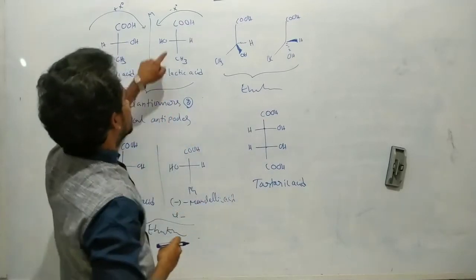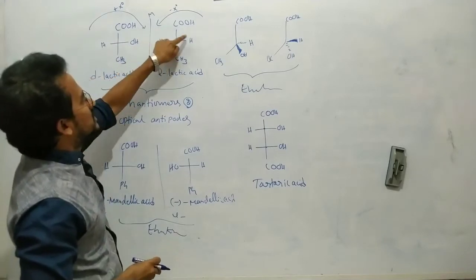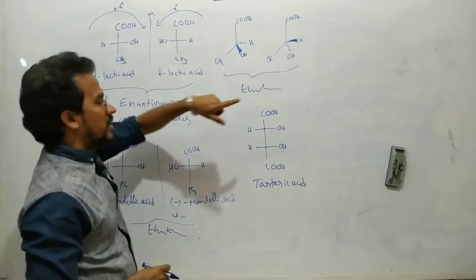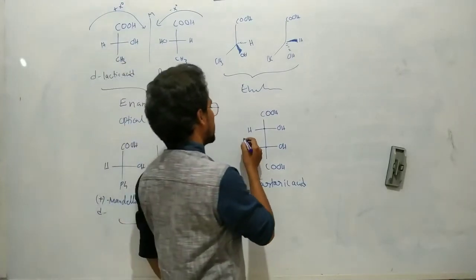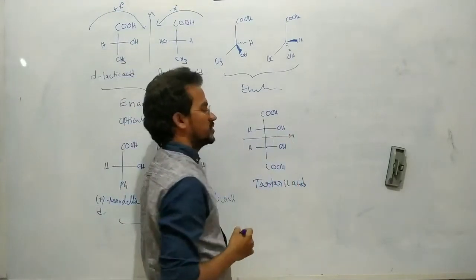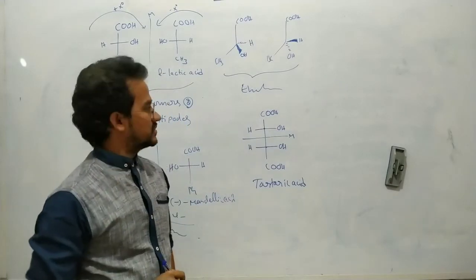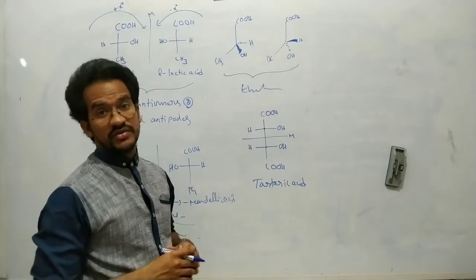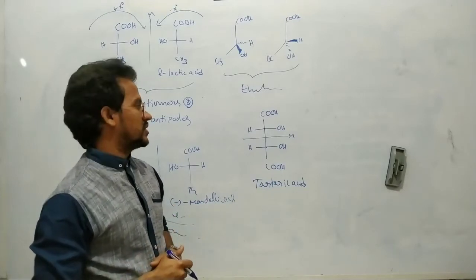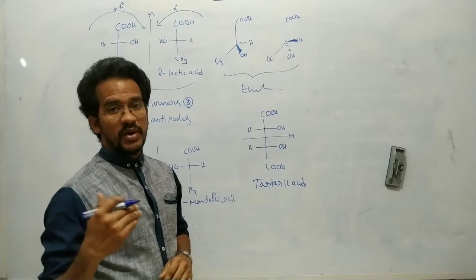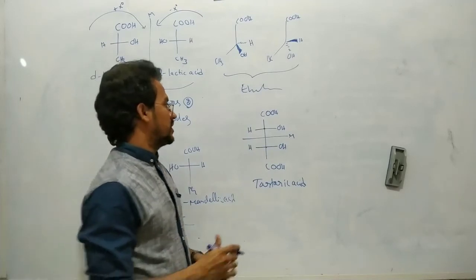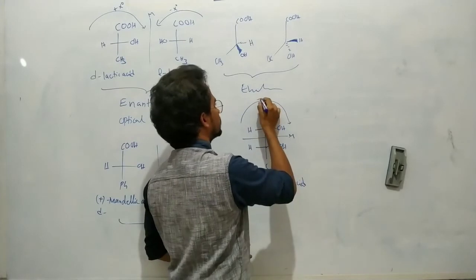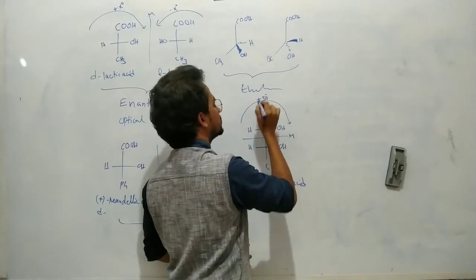This earlier one has no plane of symmetry because it cannot be cut into 2 equal halves; all are different groups. In this case, it can be cut into 2 equal halves, and those 2 equal halves are mirror images: HOH, COOH, HOH, COOH. One half rotates plane polarized light to the right, for suppose plus 30 degrees.